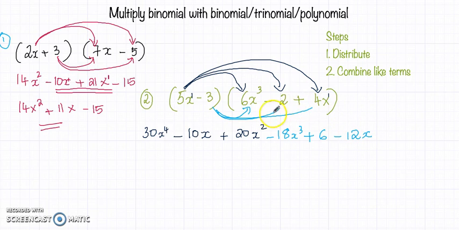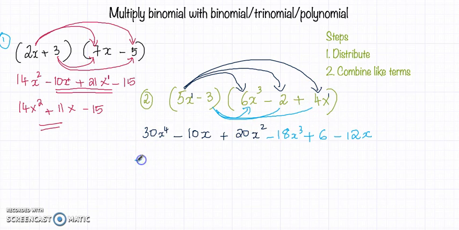So once you're done distributing every term from the first polynomial into the second, you have to combine like terms. Now if you had a third term, you would just multiply that also, distribute that also into the next polynomial.